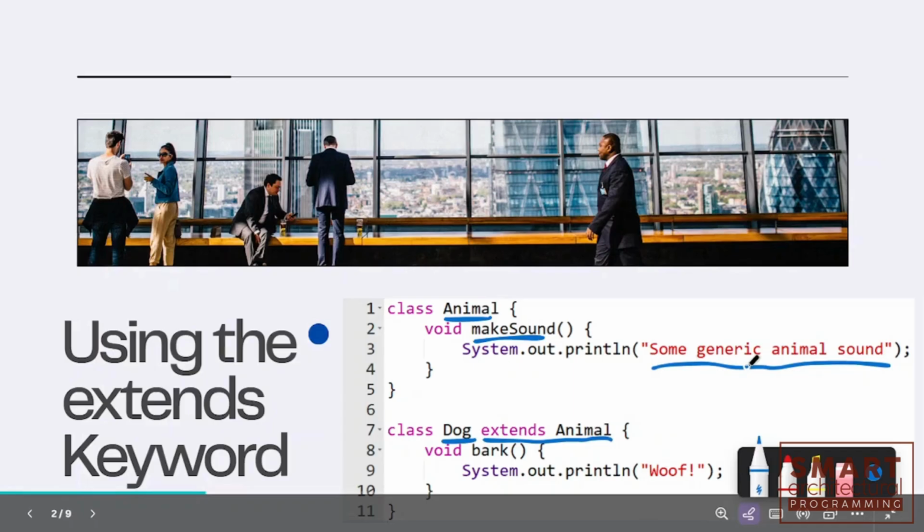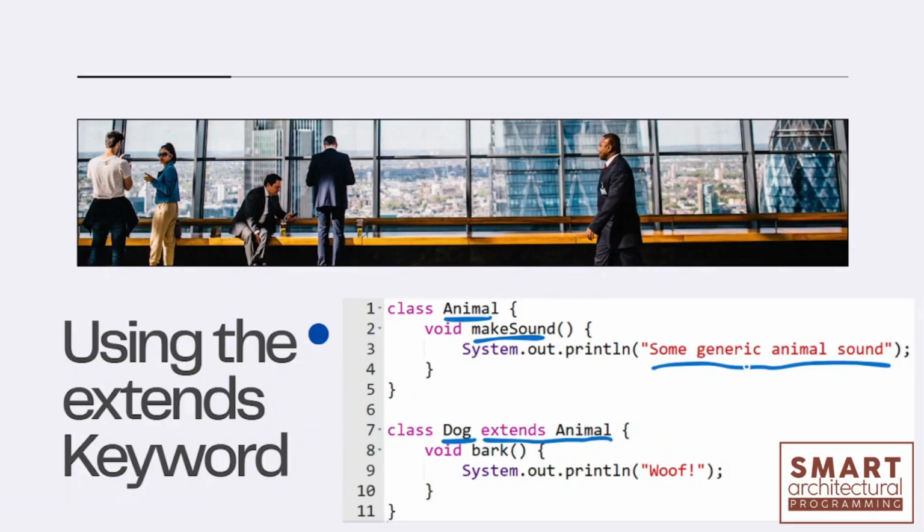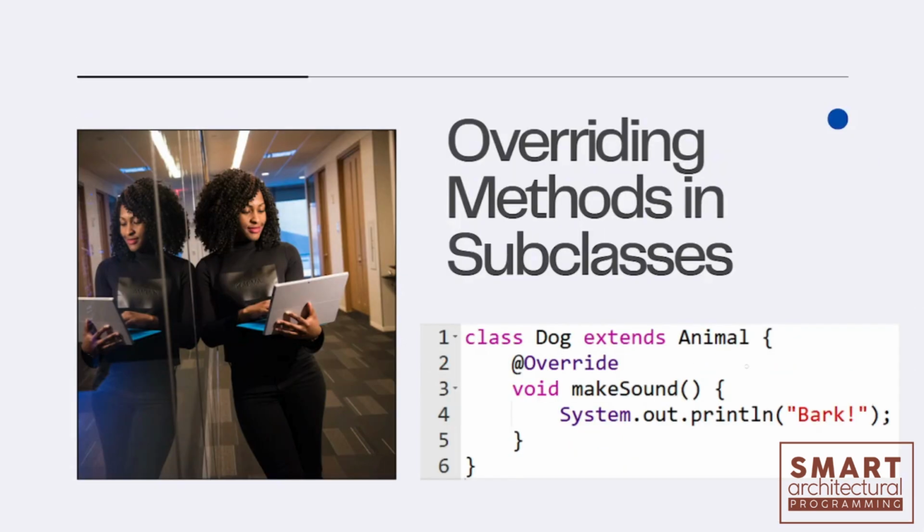So what happens here is the dog class can use both the woof and some generic animal sound methods when we call upon them, because it inherits all the methods of the animal class and just specializes some of them for the dog class.